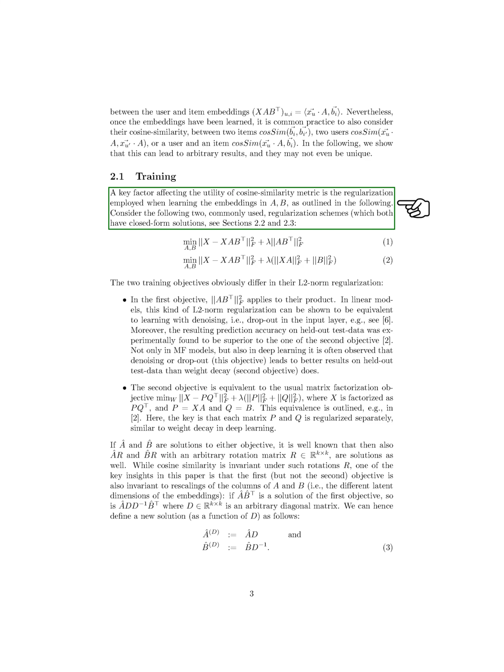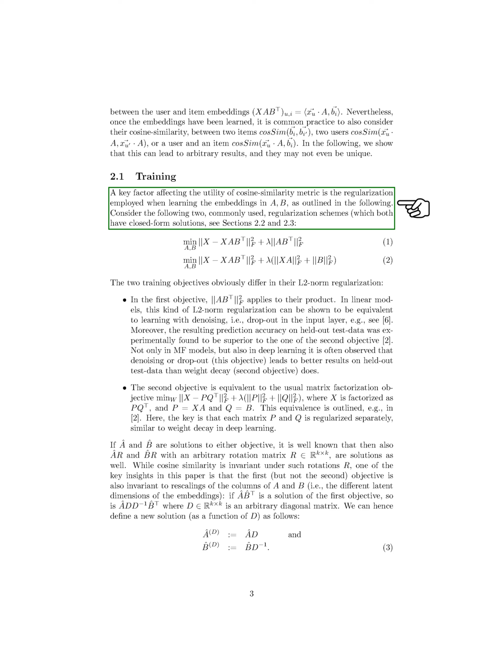The effectiveness of cosine similarity is influenced by the regularization techniques used during the embedding learning process. We discuss two common regularization schemes in the following sections. These schemes differ in how they apply L2 norm regularization to the embeddings.